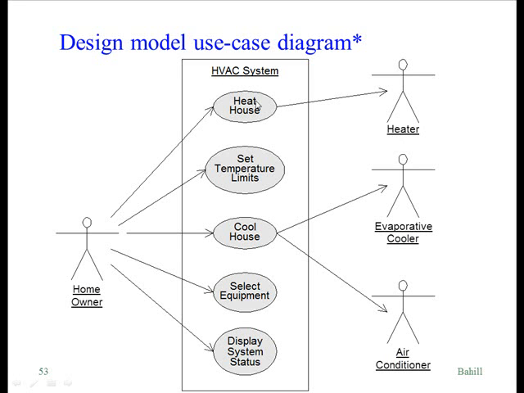This is the function that's going to add value to the system, in this case to the homeowner. So the homeowner is going to initiate this interaction from here to this use case. Then from the heat house use case, this system is going to send a signal to the heater. And then the heater has to do whatever it has to do. So we don't look back at what the heater is going to do as feeding back to the use case itself. Okay?